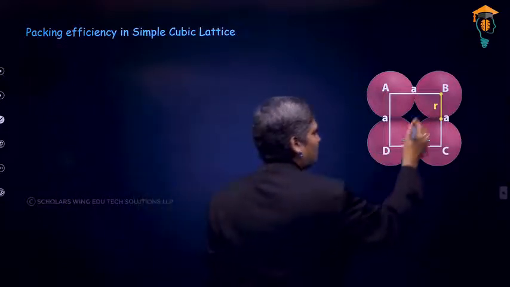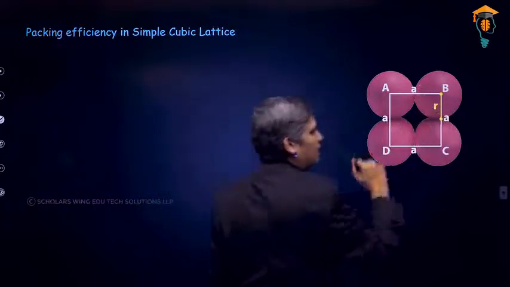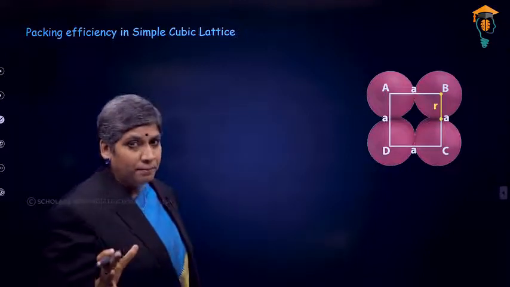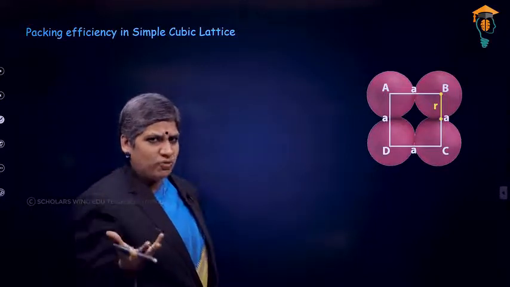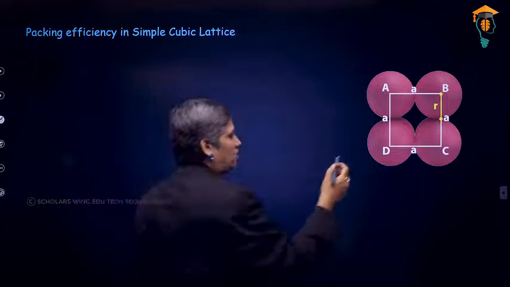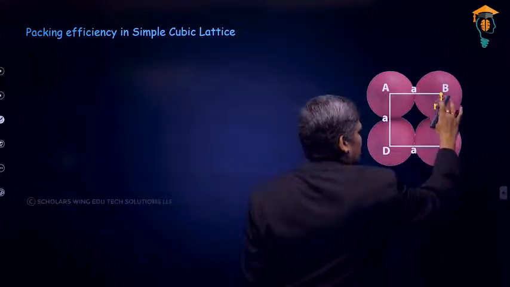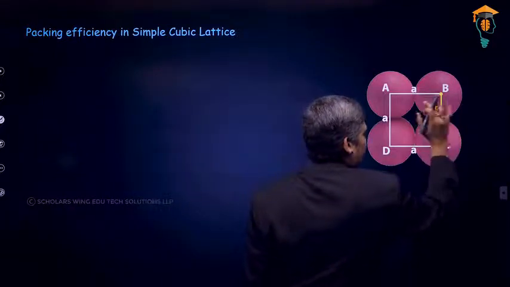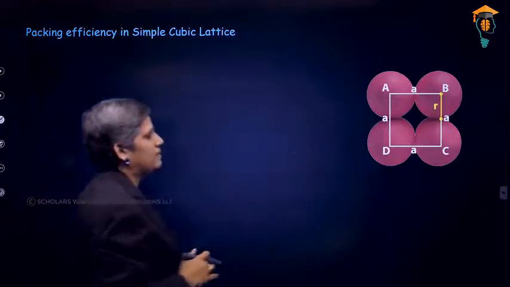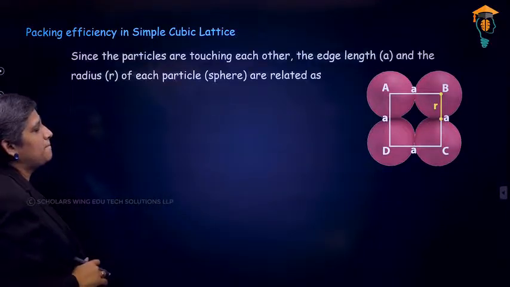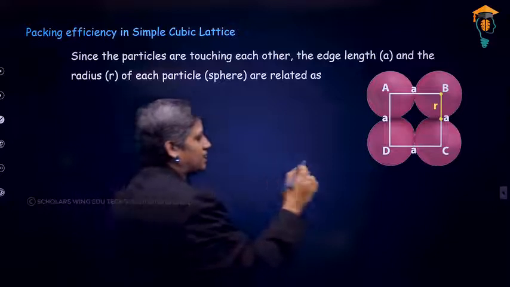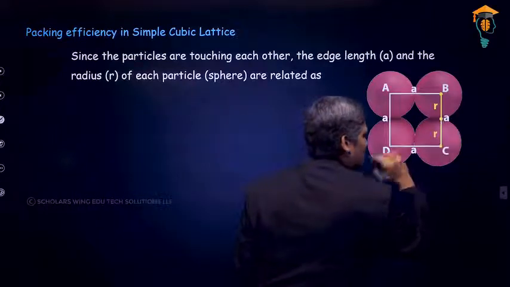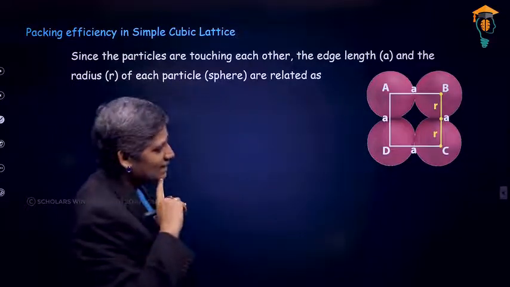And just now I said we have considered the constituent particle as a sphere, right? So a sphere will obviously have a radius. So let us call this portion the radius of this sphere. But, okay, this is the radius of another sphere, isn't it?